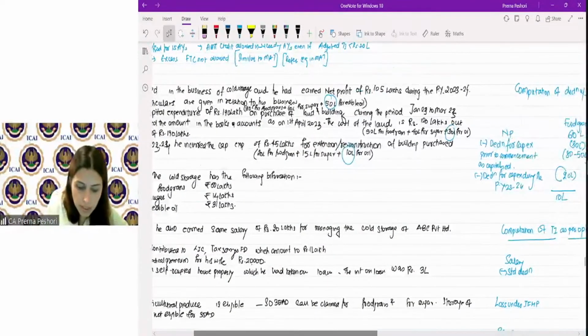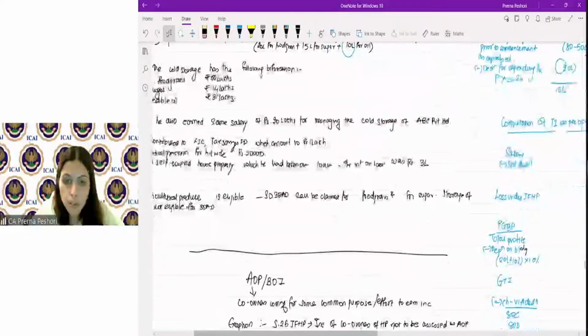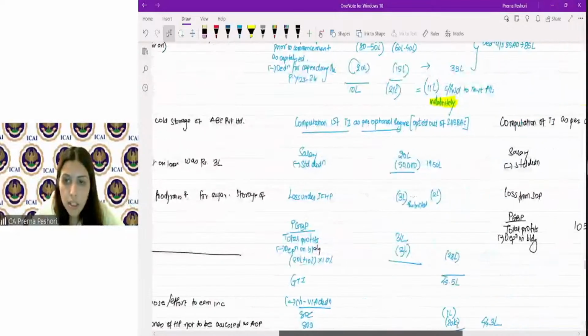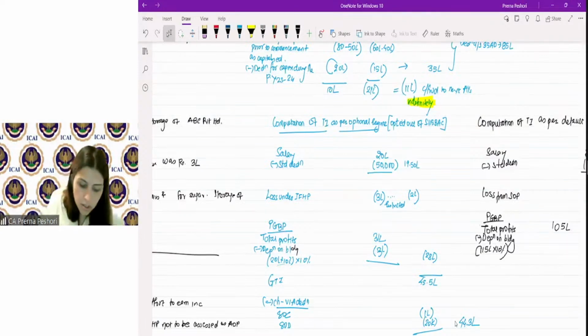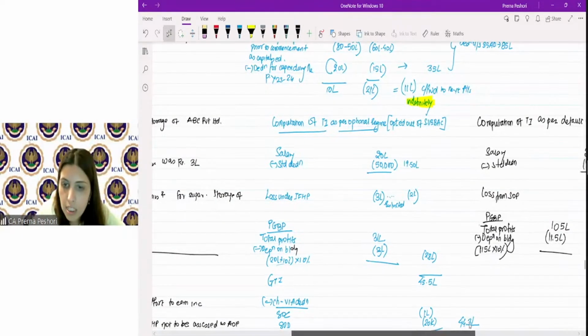So land cost is 120 lakh, which is for the prior year. And then 45 lakhs is the expenditure for the current year, which is 115 lakh. Right? So 115 lakh into 10%, 11.5 lakh is my depreciation, which will give me 93.5.